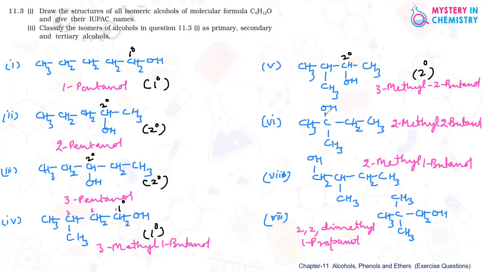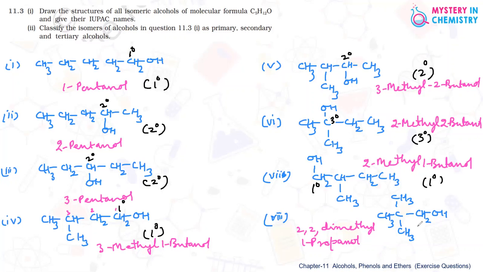Here the carbon containing OH is further attached to three carbon atoms. So this carbon is a tertiary carbon, and the alcohol is also tertiary. And here the carbon having OH group is further attached to only one carbon. So this carbon is actually a primary carbon, and the alcohol is also primary alcohol.